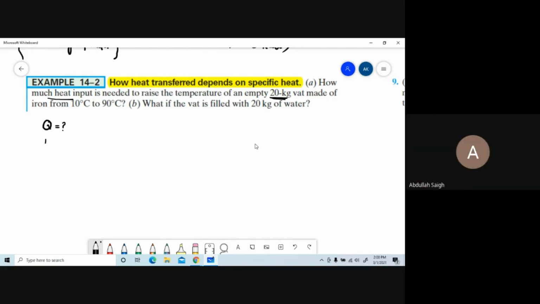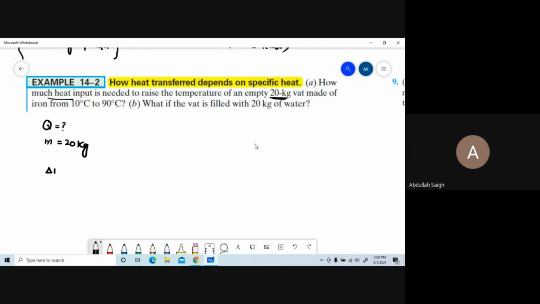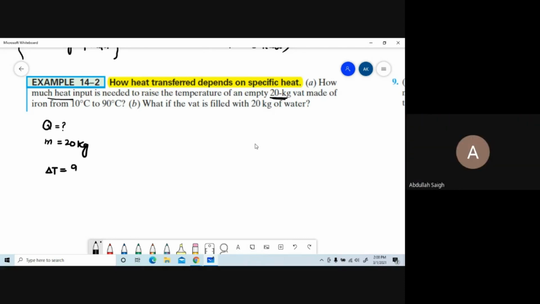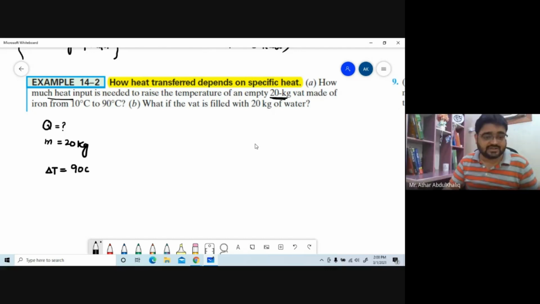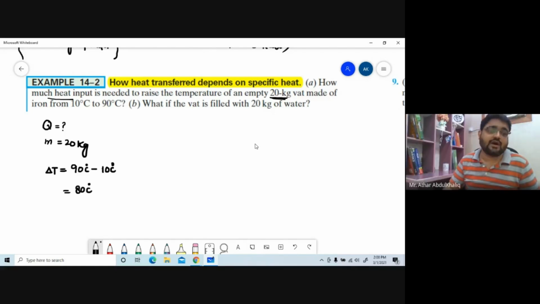So mass of the vat is 20 kilogram, very good. Temperature increases from 10 to 90. 10 to 90 means how much increase? 80 degrees, very good. Now, they said what is the heat input?